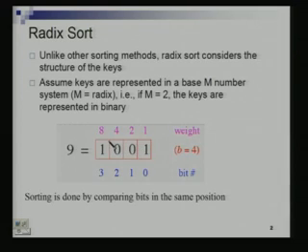In radix sorting, the sorting is done by comparing bits in the same position. So instead of comparing 9 with 11, we are just going to compare the bits in 9 and 11, let us say the bit at position 3. We will see all of that in a second.